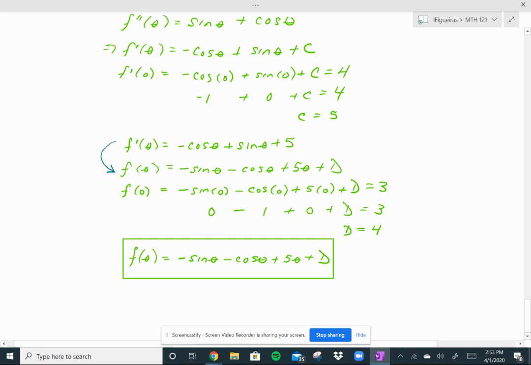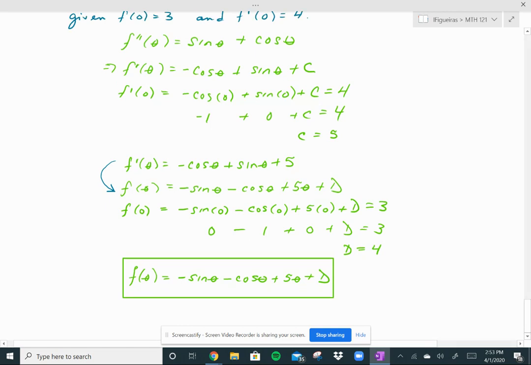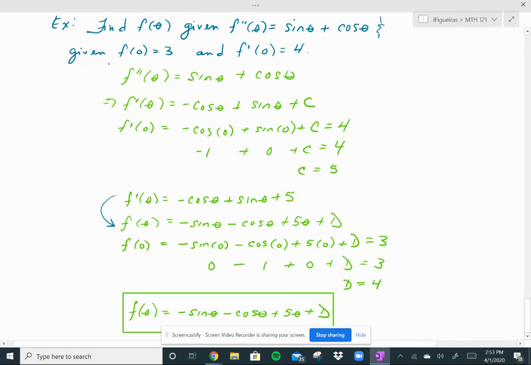Antiderivative of negative cosine is negative sine of theta. Antiderivative of sine is minus cosine of theta. Antiderivative of 5 is 5 theta, and then plus d. Again, we need to solve for d by using the initial value information. Remember, you're told that f of 0 is 3. We plug that in right here. So all of the thetas become 0. We set the equation equal to 3.